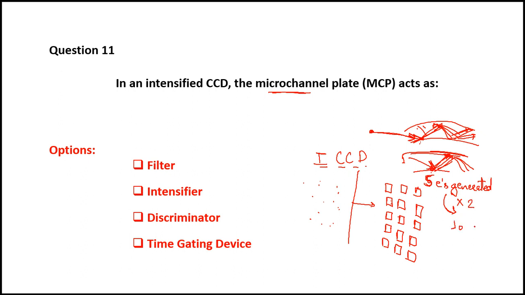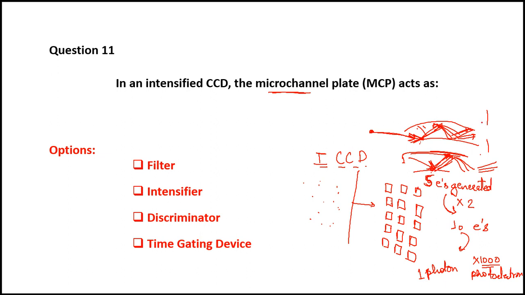So you will say 10 electrons are generated. And again, through this entire channel by continuous reflections, what happens is, through a single photon, a number of times, say 1,000 times or even more than that, photoelectrons are generated. Now, in all, what comes to the detector is a highly intensified signal.